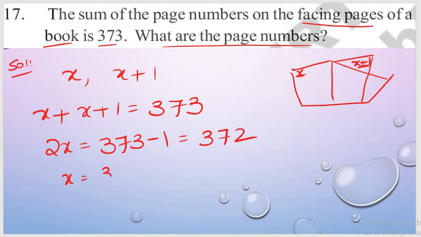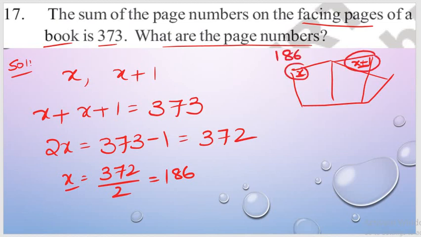So x is equal to 372 divided by 2, which gives me 186, since 2 18s are 36 and 2 6s are 12. That means this particular page number is 186 and this particular page number is 187. So these two are the page numbers of the given book, right?